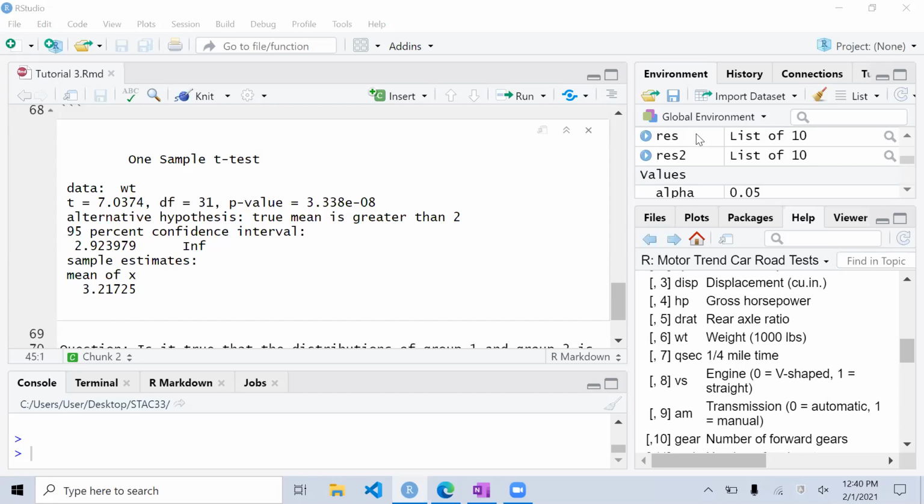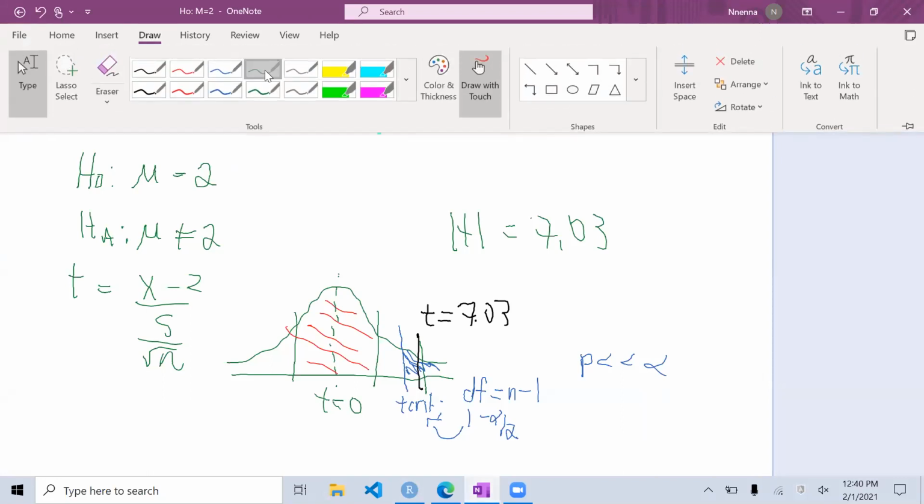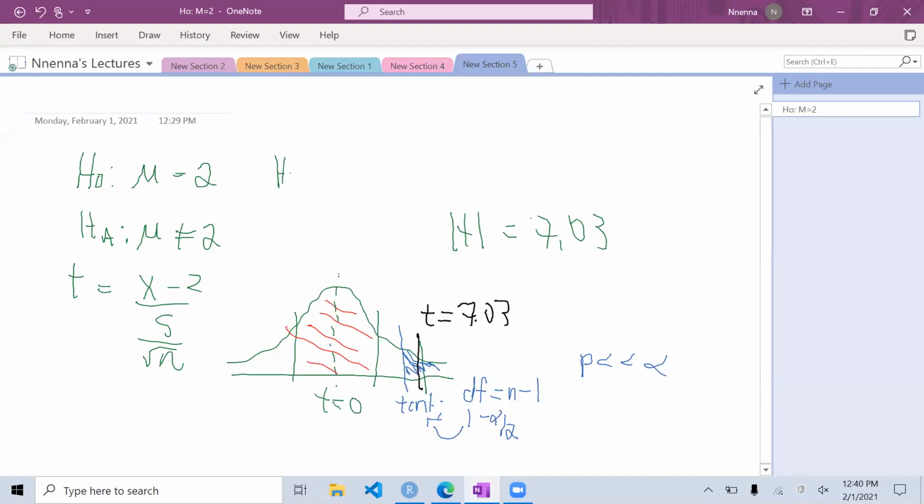Okay. The reason it has an infinity is because of the actual nature of the test. So this is the original test: you're asking yourself, mu is equal to 2 versus mu not equal to 2. Now the question is the following: H naught, mu is equal to 2, but instead of different from 2, you're asking bigger than 2, which means the lower bound is 2, but the upper bound can be anything.